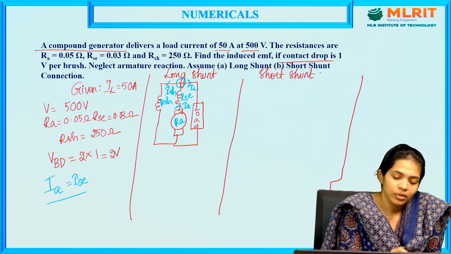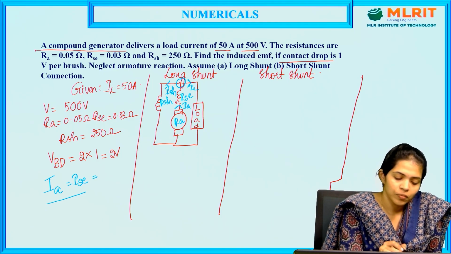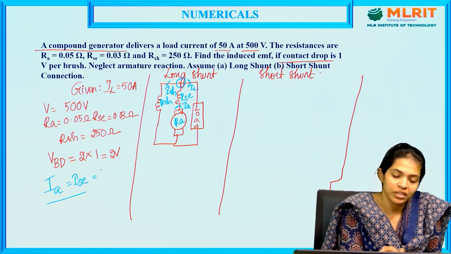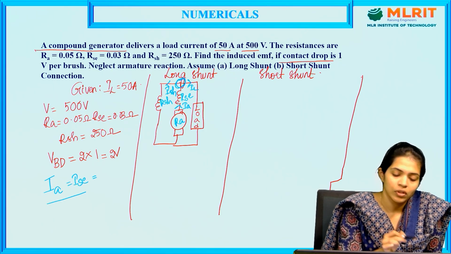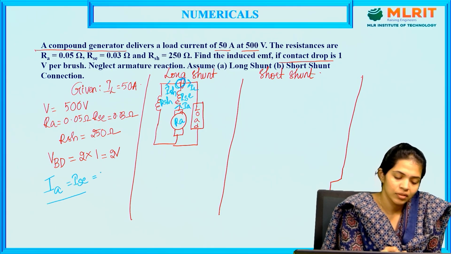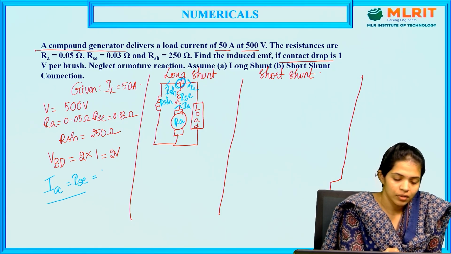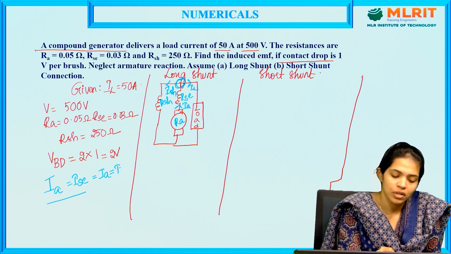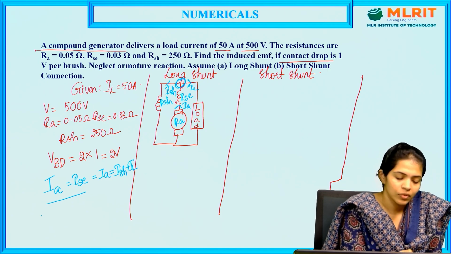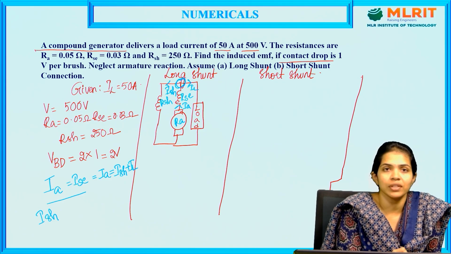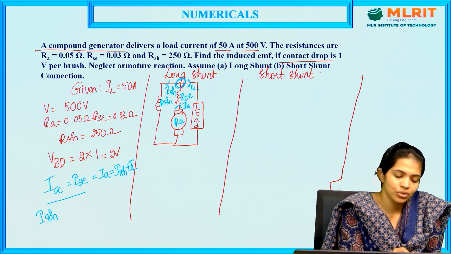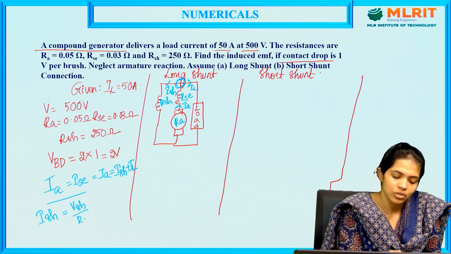Then writing the KCL equation at this particular node, we will get the equation for IA as IA is equal to ISH plus IL. So we need to find ISH, as we already have IL in the given question. ISH will be nothing but VSH by RSH.